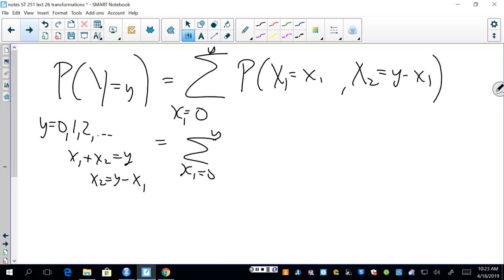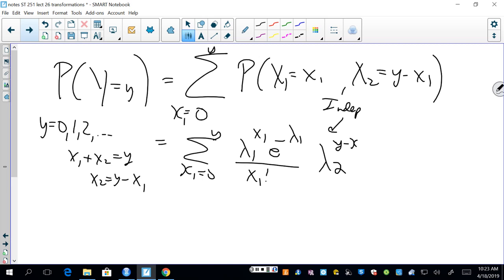And so if you want to see whether this is a Poisson formula, you can work with this. Now they're independent. So the first one is lambda 1 to the x1, e to the negative lambda 1, over x1 factorial. And it's good to know that they're independent, so you can multiply. The second one is lambda 2 to the y minus x1, e to the negative lambda 2, over y minus x1 factorial.